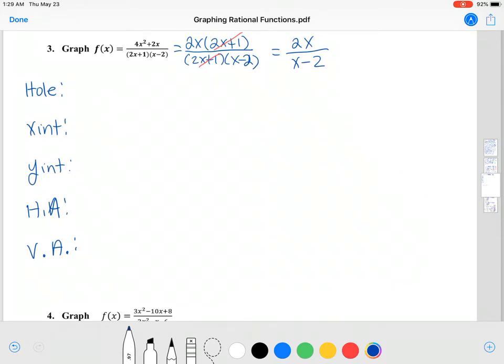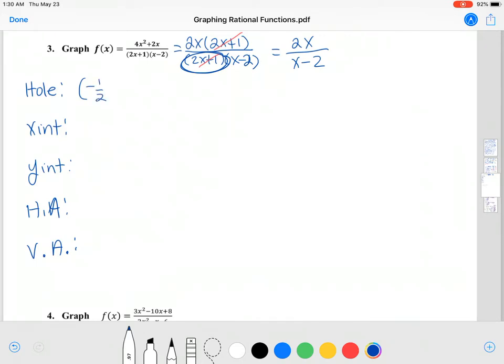Because we have a factor that cancels, we're dividing out all of those x's except for whatever makes that factor that's in common equal to 0. So the value of x that makes that factor 0 would be -1/2.